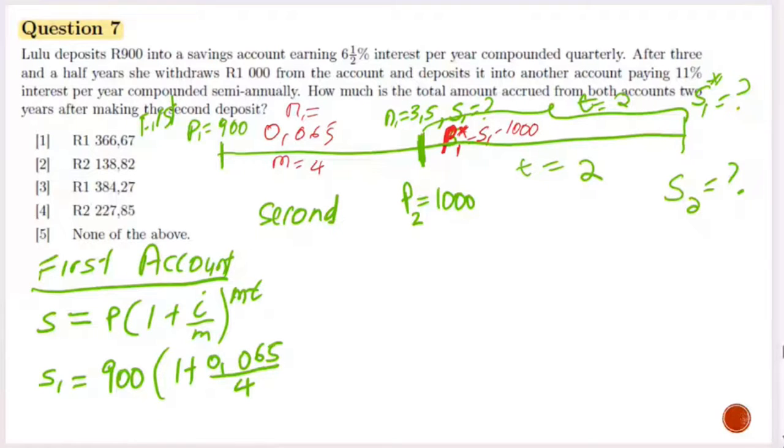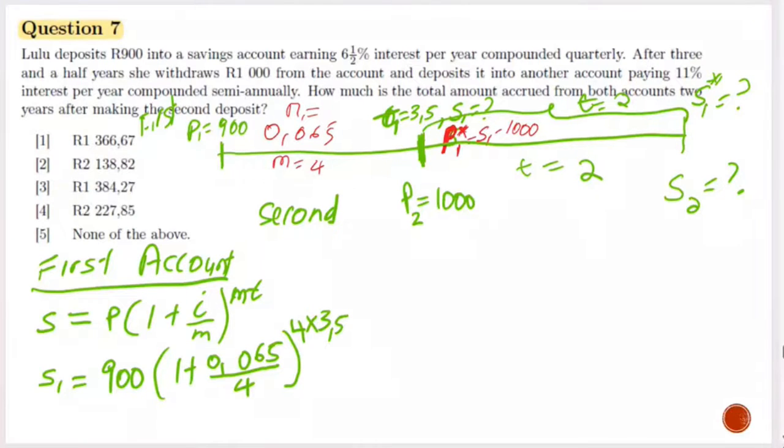My first account. And then what is my M? My M is 4, so I've got 4 multiplied by how many periods? What is the T? T here on top. Let me write it. It's my T1. It is 3.5. So that is your S1.